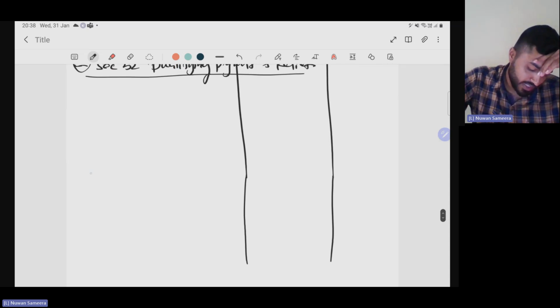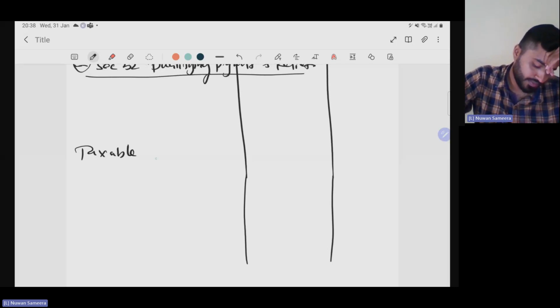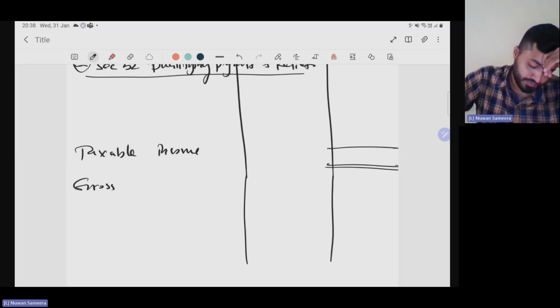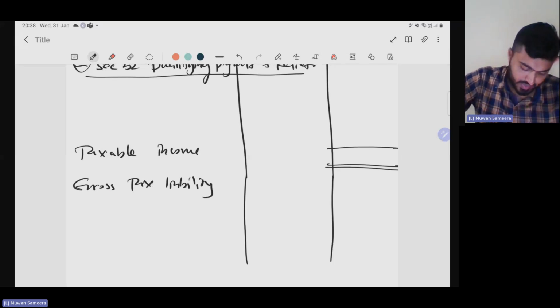Then keep some space, and then you can calculate; no need for much. Unlike the individual, there are not many items. So the taxable income, total taxable income. Once you calculate the taxable income, you can get the gross tax liability. Then you can deduct the tax credit.